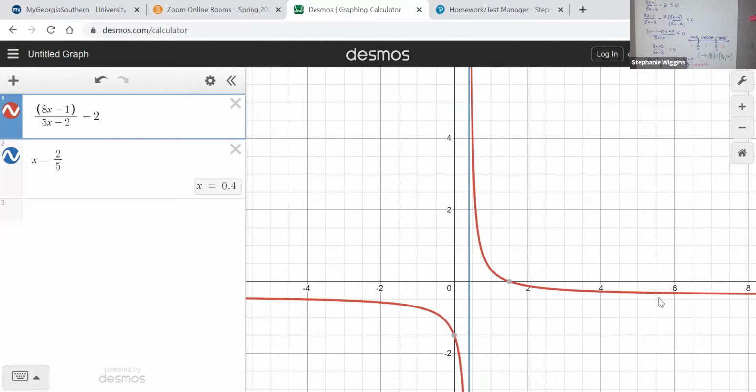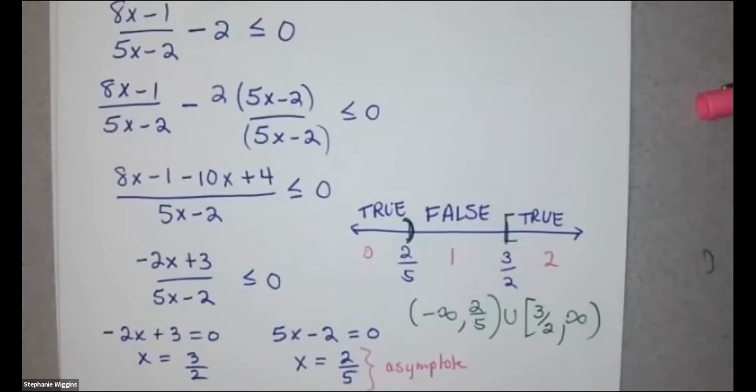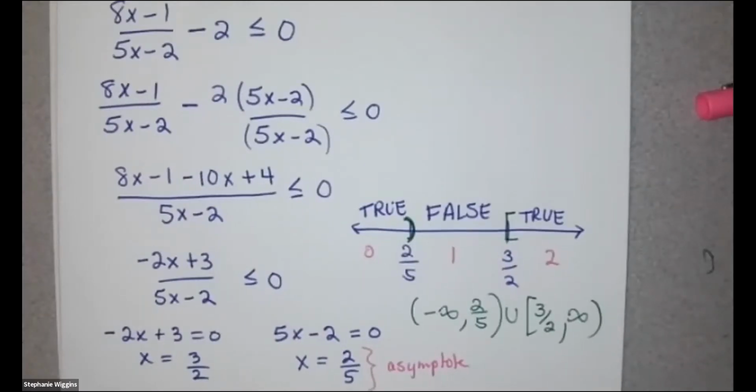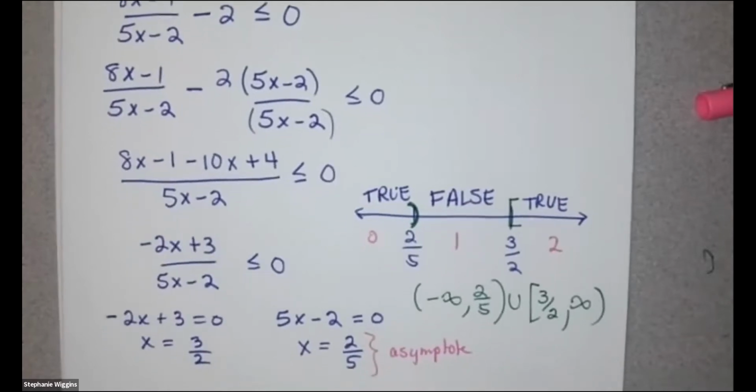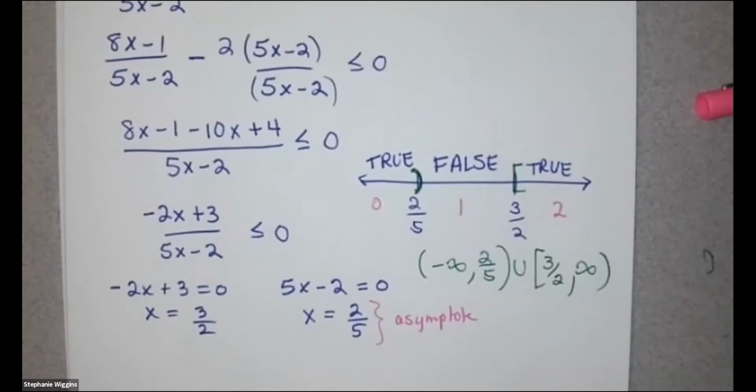I'm sorry, we're looking for less than or equal to 0, so everywhere except this region is it less than or equal to 0. This is where it's positive. So everywhere else it's negative, and here it's equal to 0. So we have it everywhere except that sliver in the middle where it's false. It's not less than or equal to 0. It's above the x-axis in this region.